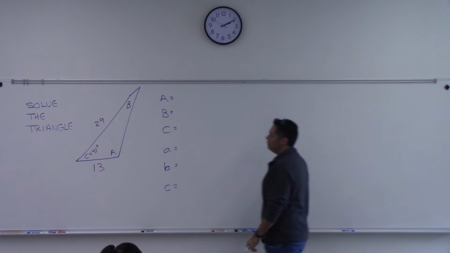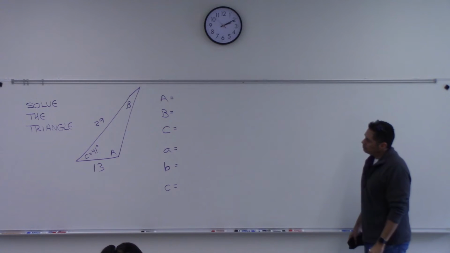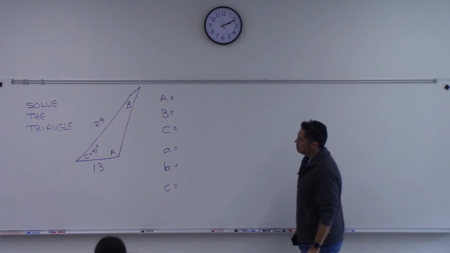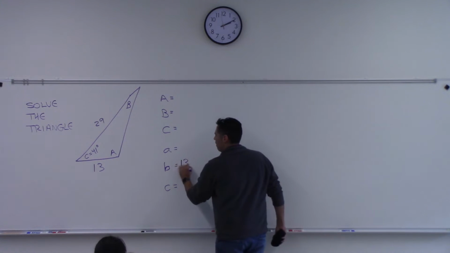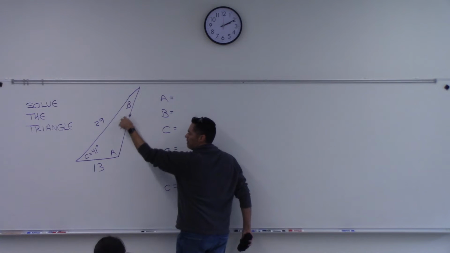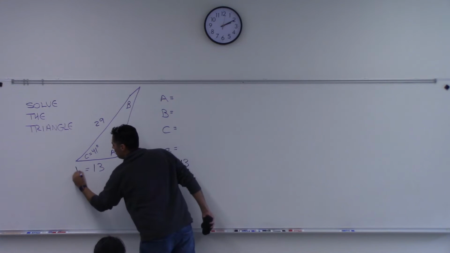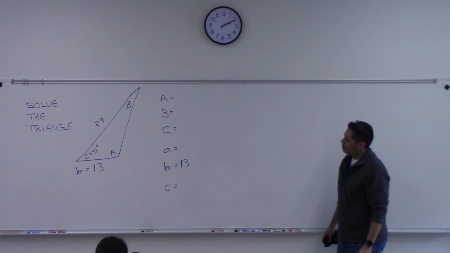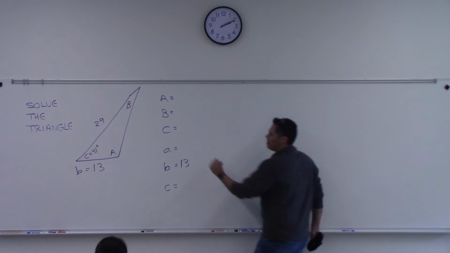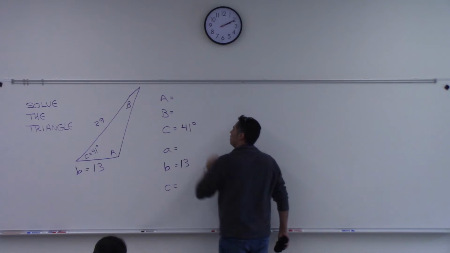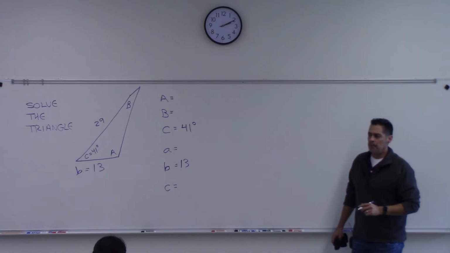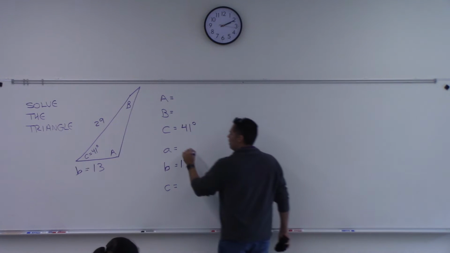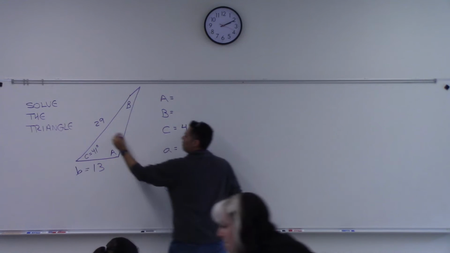What do I have? Little b, what's little b? 13. Right, here's the angle capital B, the side across from it, that's little b. All right, what else do I have? Capital C is 41 degrees, good. What else? Little a, and that's 29, right, little a.